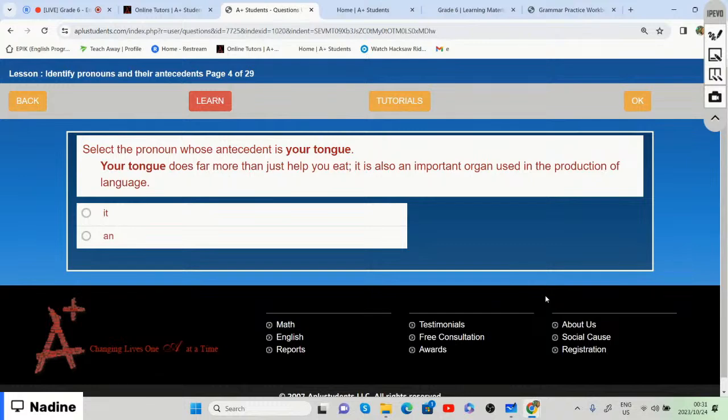So your tongue does far more than just help you eat. It's also an important organ used in the production of language. So we need to select either it or an. And let's say the antecedent is your tongue.